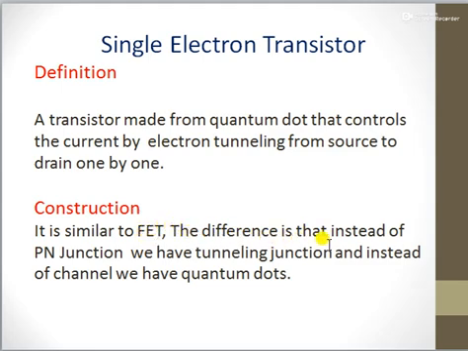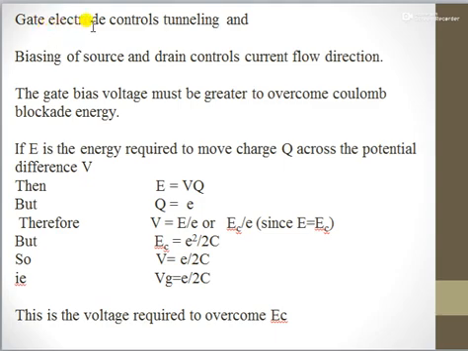The difference is that instead of a PN junction we have a tunneling junction, and instead of the channel in a FET we have quantum dots in the SET. This gate electrode controls tunneling, and biasing of the source and drain controls the current flow direction. The gate bias voltage must be greater to overcome the Coulomb blockade energy.